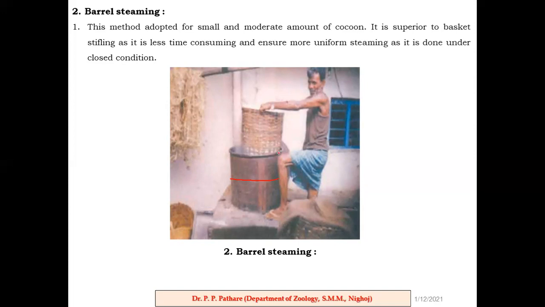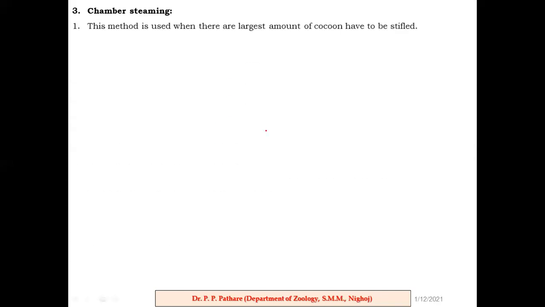I hope you are able to understand what the method of burial steaming is. If you have any questions regarding these two methods, you can ask me. Next one, a very important and advanced method, sorry, wet steaming, that is chamber steaming.